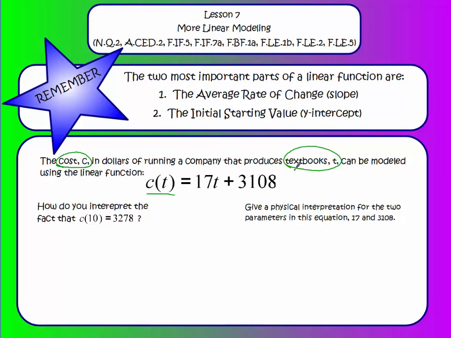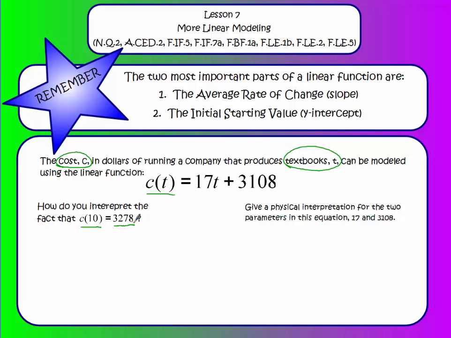This equation is telling us, for every textbook that is going to be produced, how much money this company is going to make. Or actually, it's not how much the company's going to make, it's how much it costs to run this company. So how do we interpret the fact that C of 10 equals $3,278?